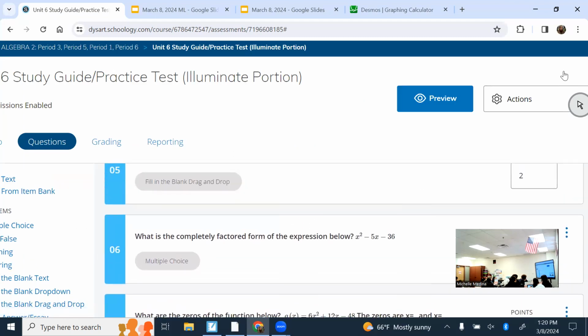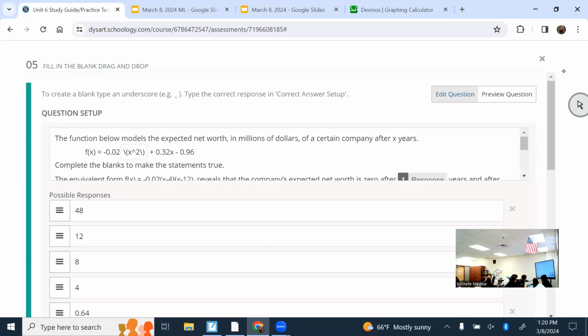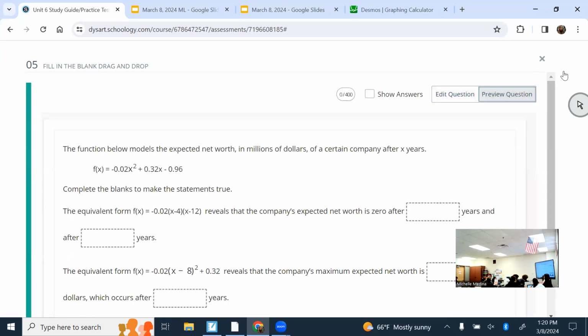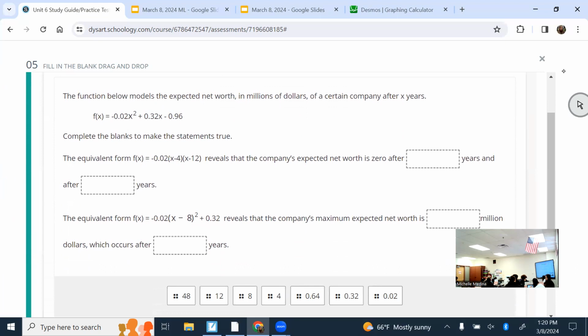This is recorded, so you can always go back to the video if you still can't figure it out. But the two things being compared are years and net worth. So think logically, what would have to go on the x-axis, years or net worth? And then that means your y-axis is your net worth.